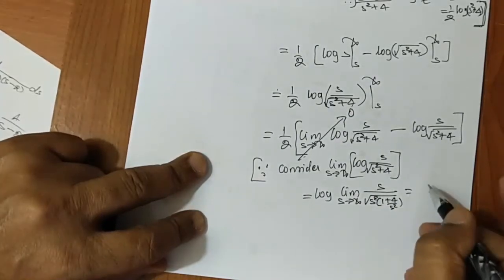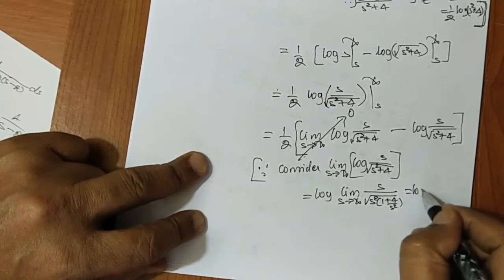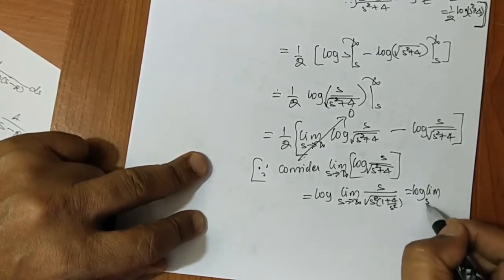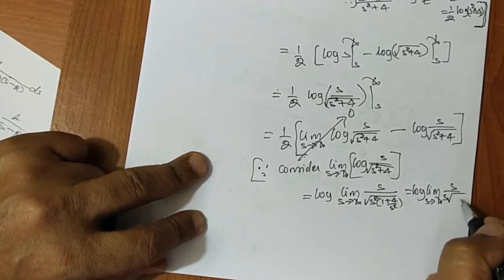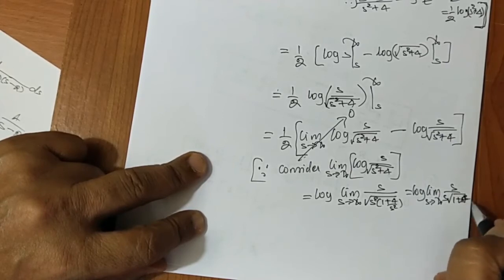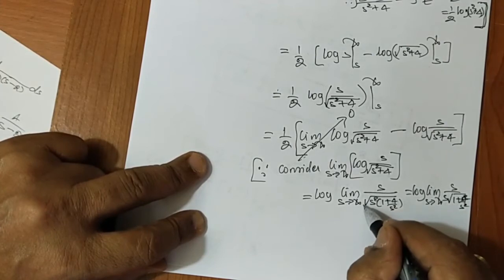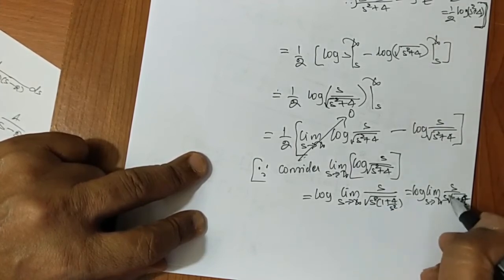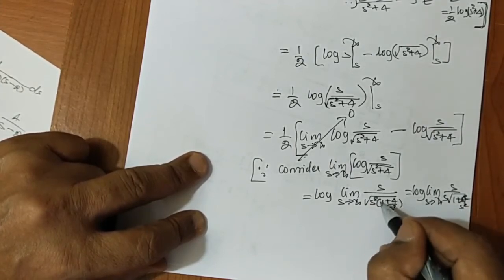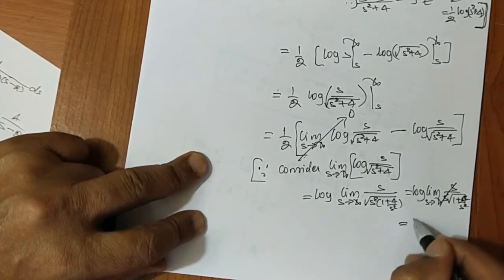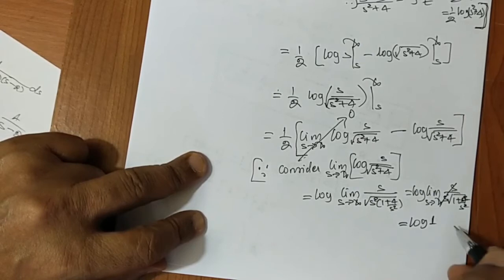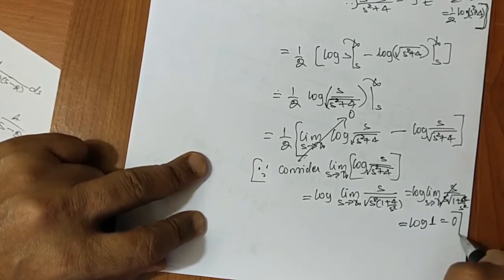Because once s squared comes outside the square root sign, the square root of s squared is s. So this s cancels, and this becomes log of 1, which will be 0.